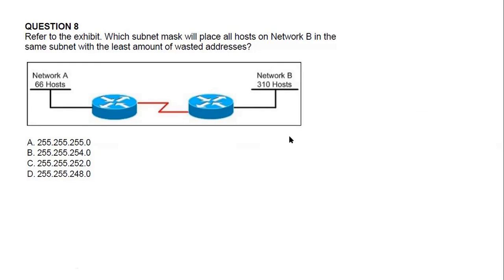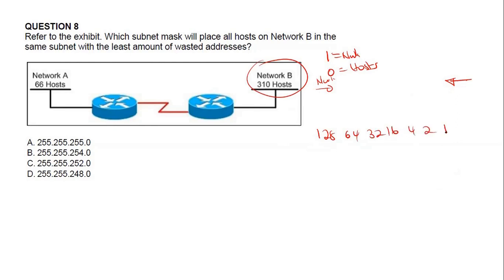Talking about hosts, remember we said that our ones represent networks and the zeros represent the hosts. So coming inside, we have the zeros going the other side, and the networks are the ones. Here we are talking about 310 hosts, right? If we were to move in terms of our host portion, remember the numbers again: 64, 32, 16, 4, 2, 1.